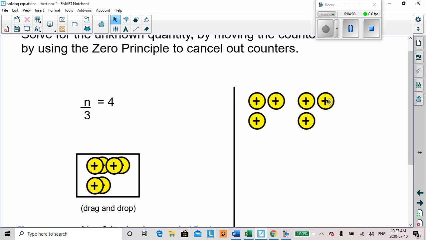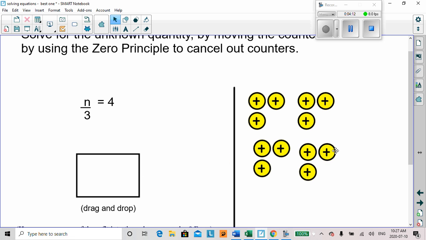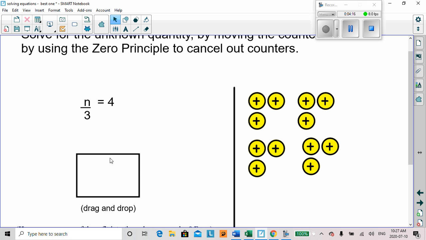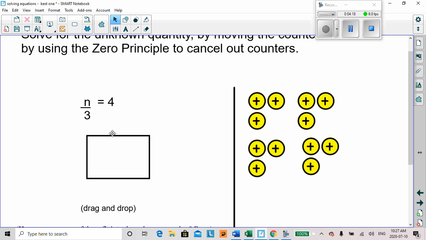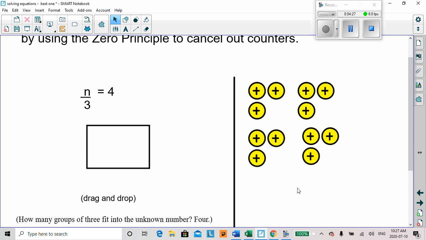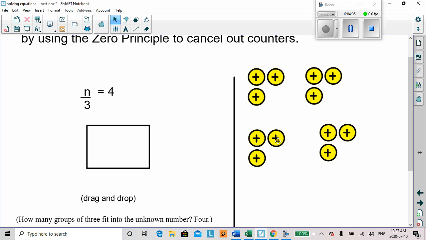So if I have 4 sets of 3, it's kind of hard to see this, but now this is n is equal to how many? That would be 12. We're looking for how many groups of 3 fit into the unknown number, and there has to be 4. So see how there's 4 groups of 3.